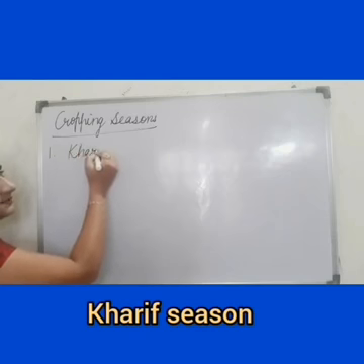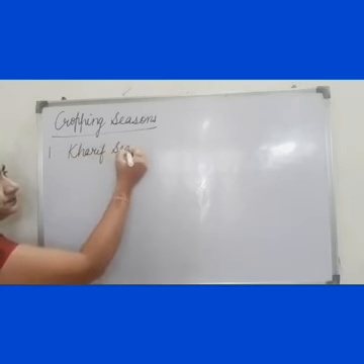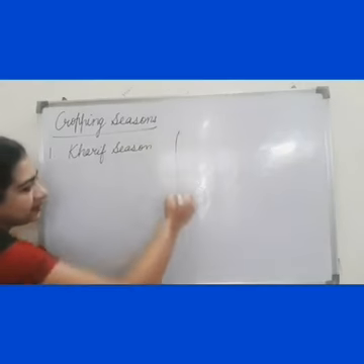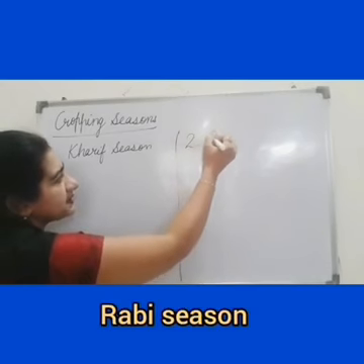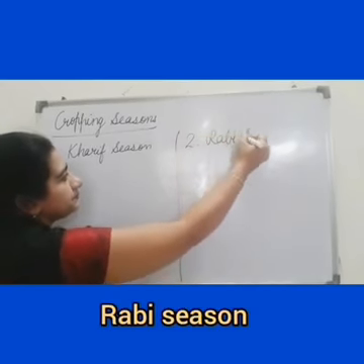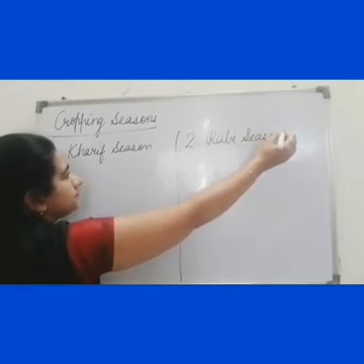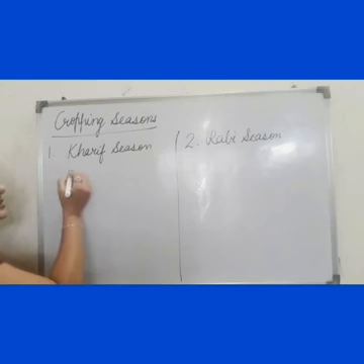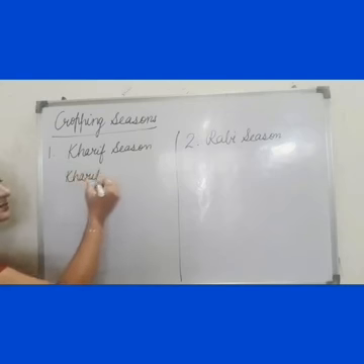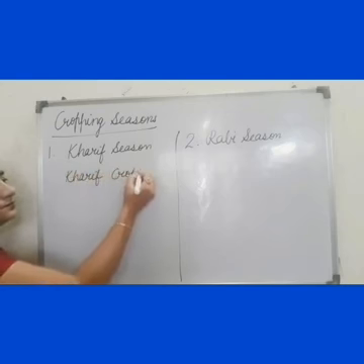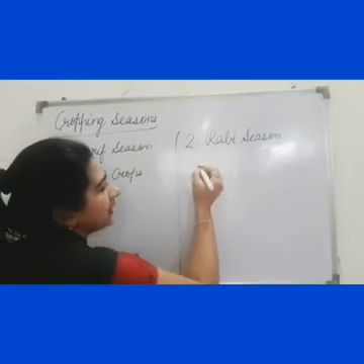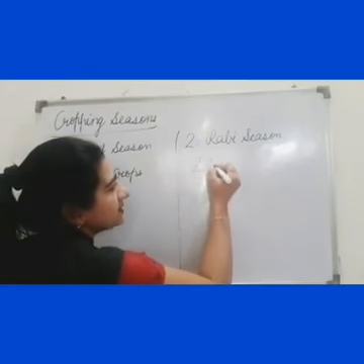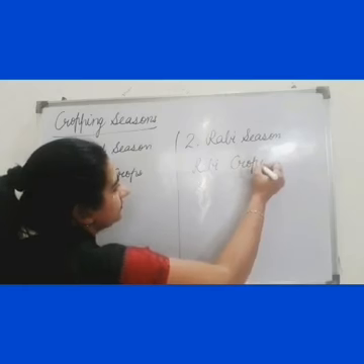The first one is the Kharif season and the second one is the Rabi season. Crops grown in the Kharif season are known as Kharif crops and crops grown in the Rabi season are known as Rabi crops.